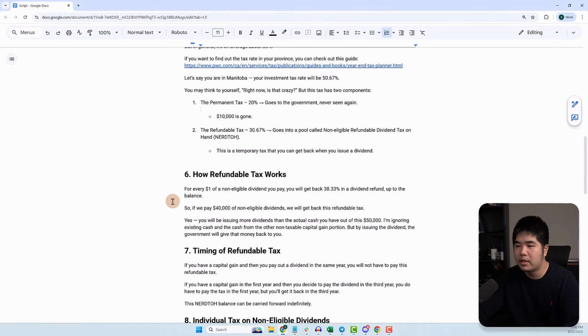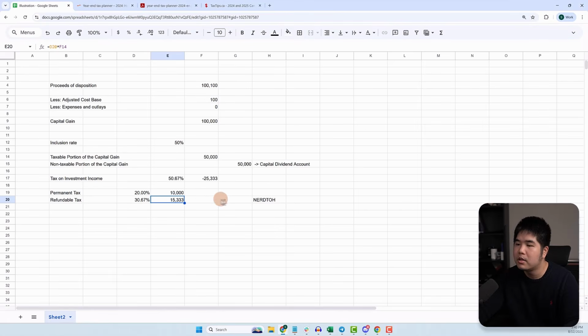So how refundable tax works: for every $1 of a non-eligible dividend you pay, you will get back 38.33% in a dividend refund up to the balance. So what does it mean? In this case, our NERDTOH balance is $15,000, right?